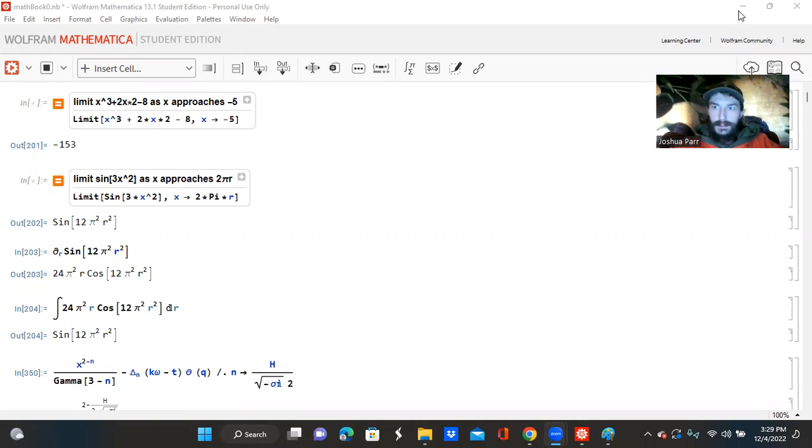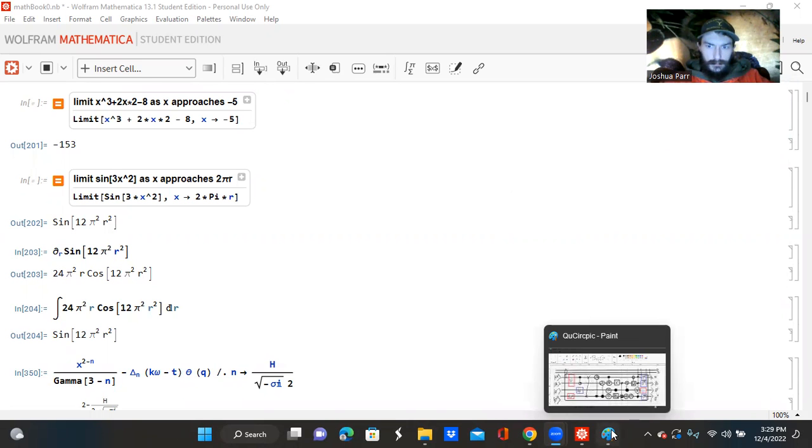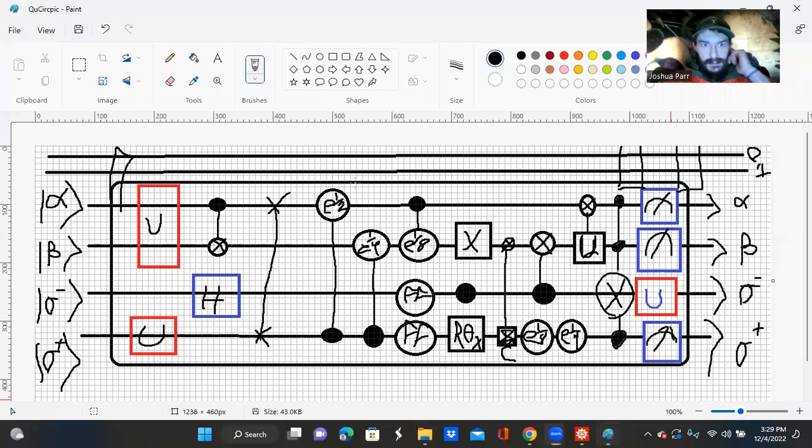All right. So, this is a quantum circuit I drew up, it's sloppy, I know. This is kind of how these go. Over here, I have these ket states. It's a qubit: qubit alpha, qubit beta, qubit sigma minus, qubit sigma plus.